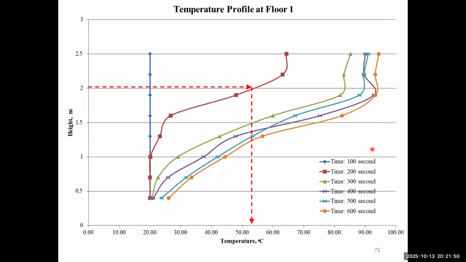So this is a very crucial point for us. When this hot layer descends to where people are trying to escape, if the temperature at all heights along the escape route is very, very high, we cannot escape from this route, right?